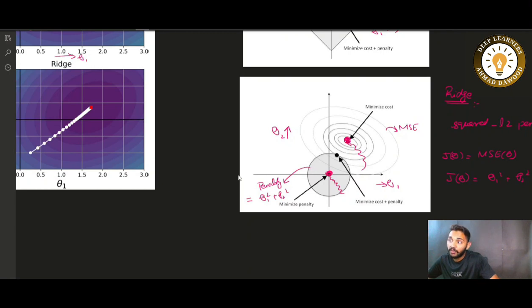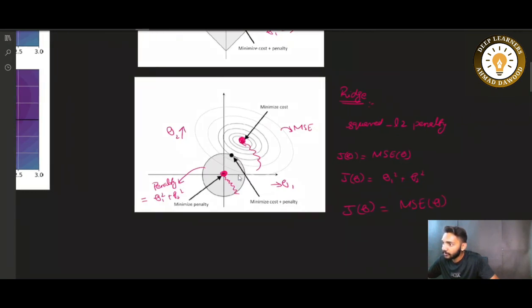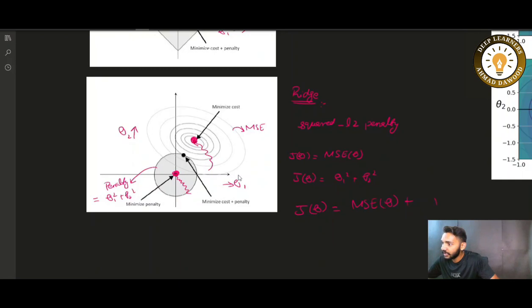But when you add both of them, your cost function is mean square error plus lambda theta 1 square plus theta 2 square.